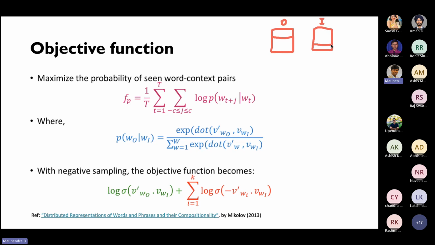Once we have the input word, we get the representation of that vector from the input matrix. It is called v of wi, the representation of the word from the input vector. And this one is the representation of the target from the output part. So we call it v prime of wo.